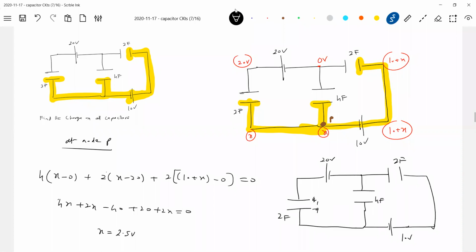I'll put it like this: Q1, minus Q1 here. Or if you want, write Q2, minus Q2, and Q3, minus Q3. Then what should be the conservation of charge principle? The charge of the plates, Q minus Q1 plus Q3 plus Q2, should be 0.